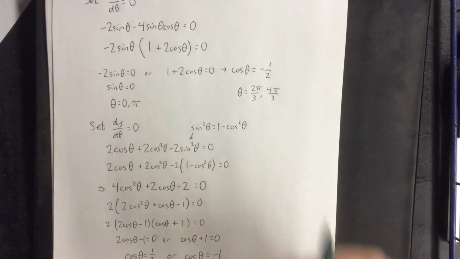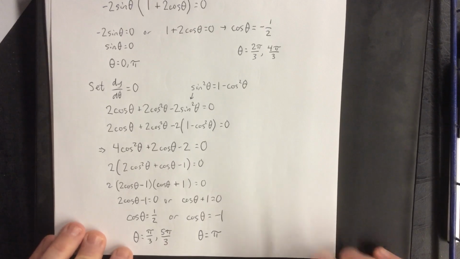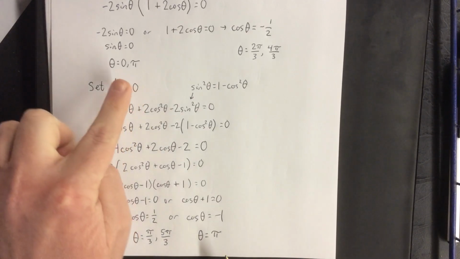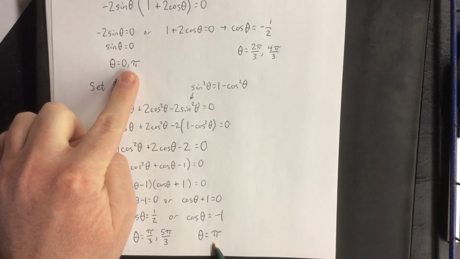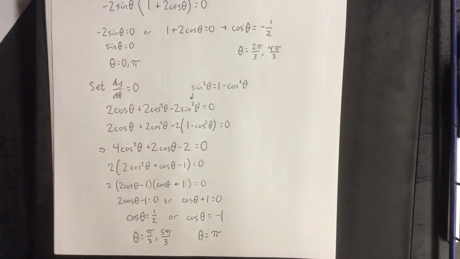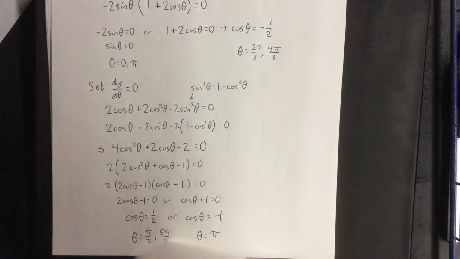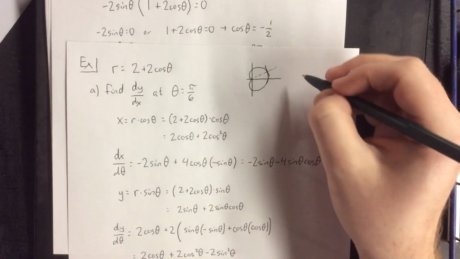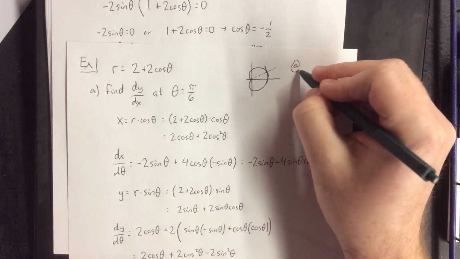Now, doing a quick comparison with the values that we got for dx d theta being equal to 0, I see that there is one point in common on both of these, and that would be the value of pi. Now, what's going on at pi, I'm going to reference back to the other sheet. At theta equals pi, this is where the r value becomes 0.